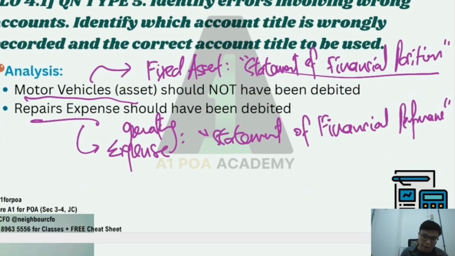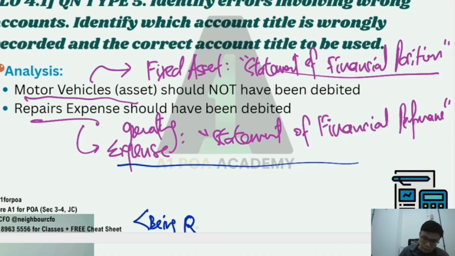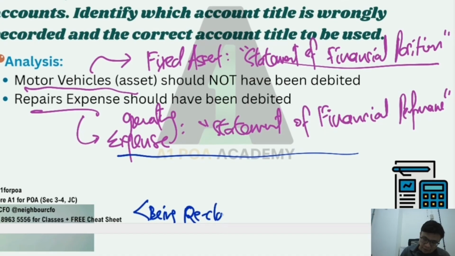In order to do a correction, we will need to pass this entry whereby we do a reclassification. So when we do a reclassification, the narration is reclassification of the wrong account.